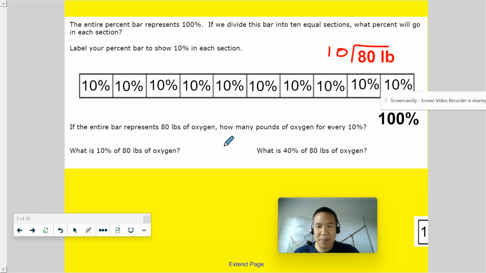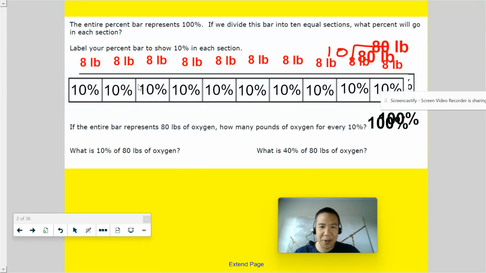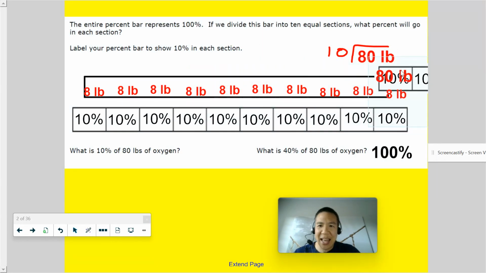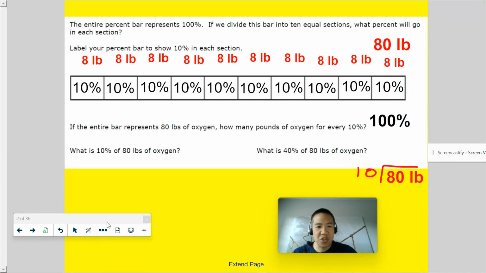What is 80 pounds divided by 10 sections, or 10%? 8 pounds. So every 10% represents 8 pounds. From this, you will be able to answer any question now given to you. So let's answer some questions now.